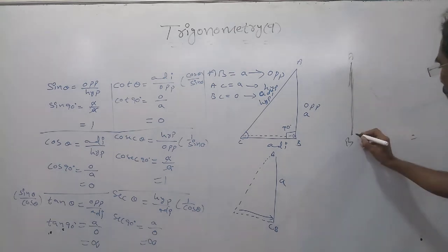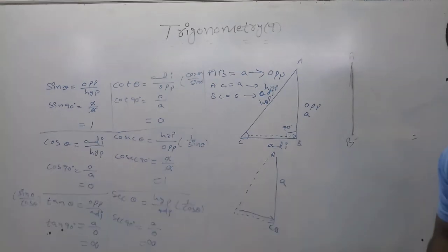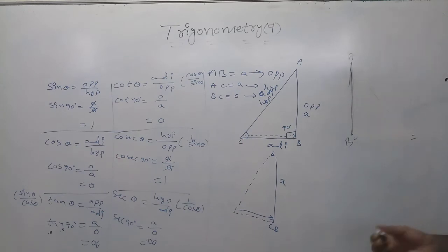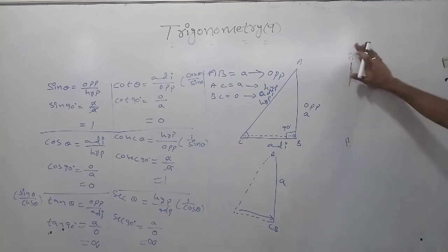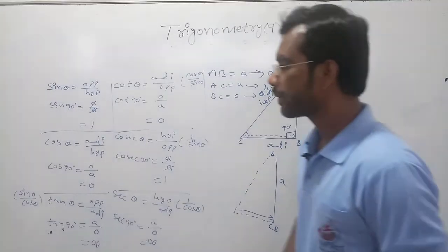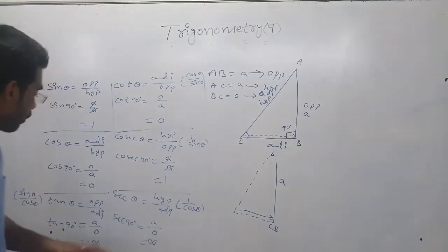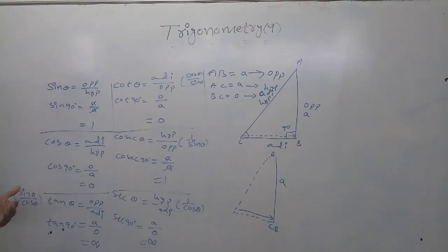That means AB will become AC, or AB equal to AC. Then for this one, there is no gap, so it will become 0. Either you take sin theta by cos theta, you will get the same value, or you take tan theta as opposite by adjacent side, no problem, it will be equal.